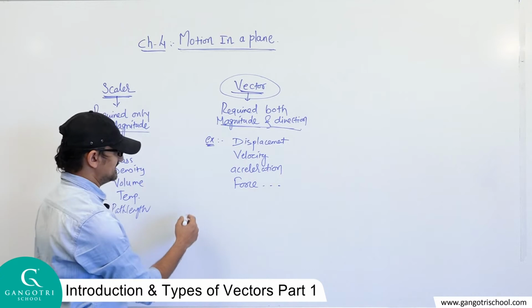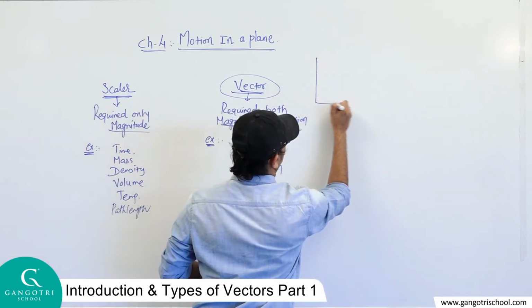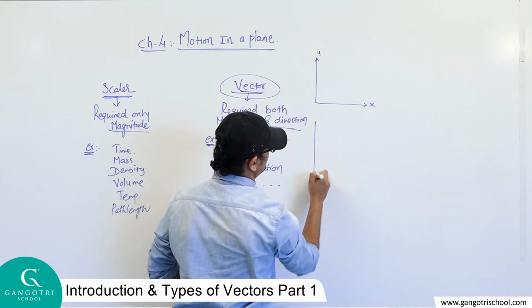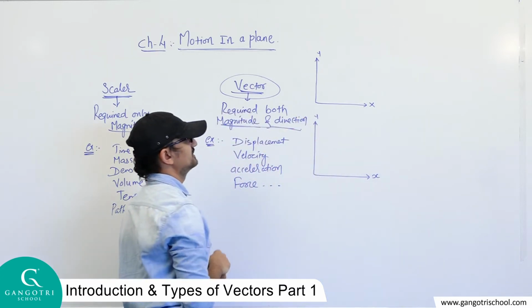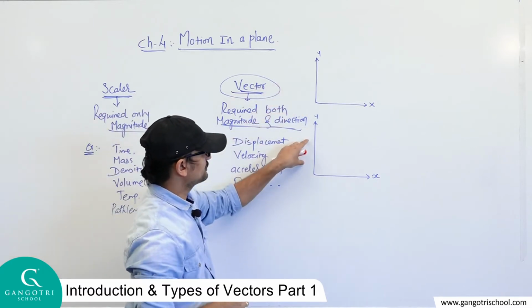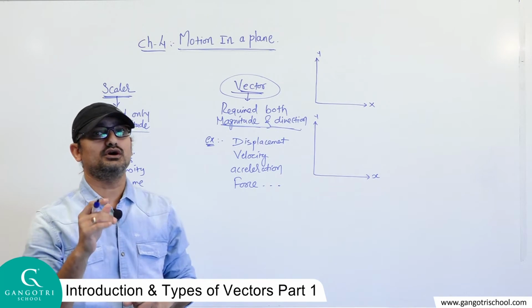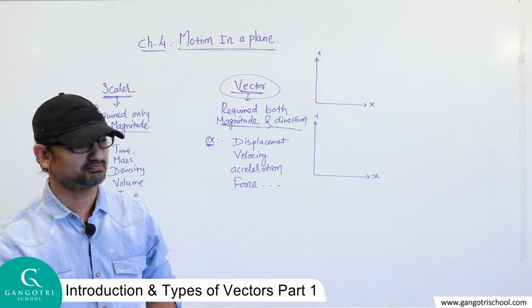Let's understand what is actually the meaning of motion in a plane. Let me explain with the help of one example. Suppose this is the x axis and this is the y axis. Again, suppose this is the x axis and this is the y axis. Now there are two diagrams on the board. Let's understand the meaning of motion in one dimension and motion in two dimensions.